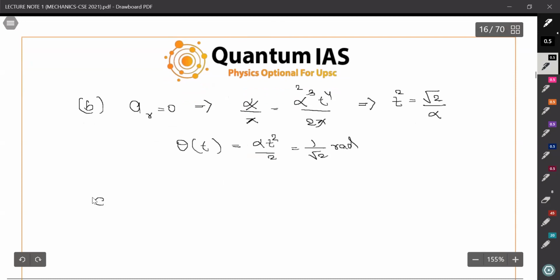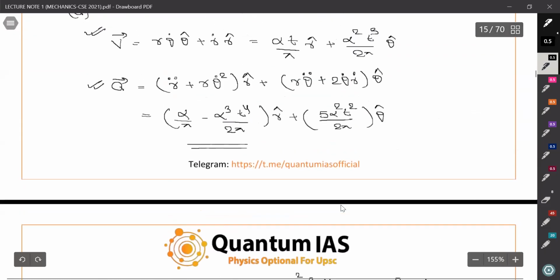Okay. Third part is we have to equate their magnitude. AR equals to A theta. And you can do it easily. Okay. And I will set it as homework for you. Just a simple calculation. If you are unable to understand this, you can ask me also.